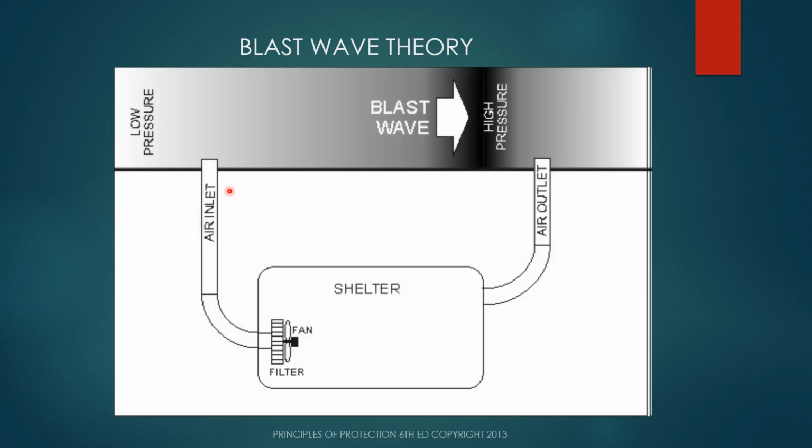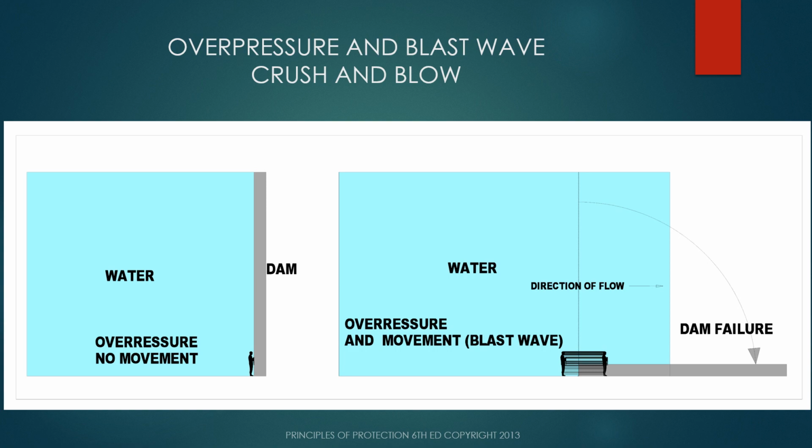So we're talking about pressure from overpressure, which forces air in the inlet and forces air in the air outlet, building up pressure inside this shelter. And consider this. This is the difference between overpressure and blast wave. This is a dam. This is a man at the bottom of the dam.